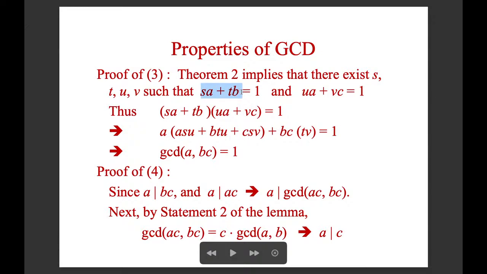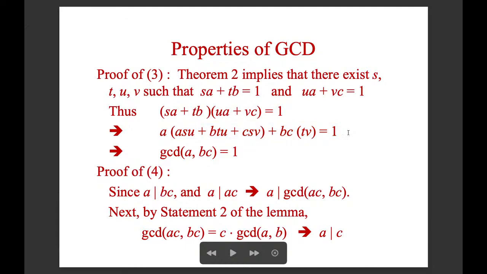So 1 can be written as sa plus tb. And similarly, 1 is the greatest common divisor of a and c, so there exist u and v such that ua plus vc is equal to 1. We have this one and this one, so we can multiply them together, and it is equal to 1. And then after expansion and rearrangement of terms, what do we have?